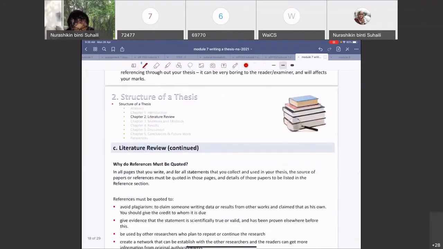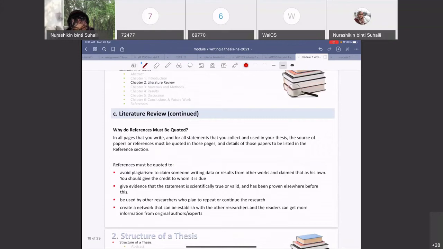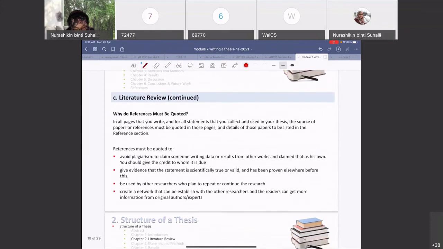Why must references be quoted? Okay, this one is to avoid plagiarism, and to give evidence that it is scientifically true. Anything that is not cited means it comes from you, so that's why there's no citation. In other words, anything that you read, you get from whatever sources, should be cited.